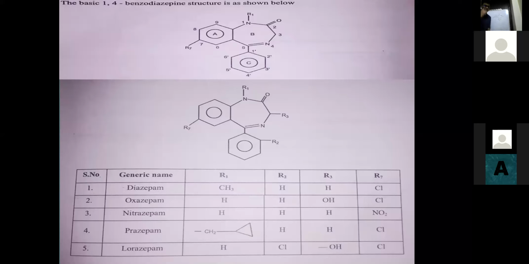So what is the structure of oxazepam? R1 is H, R2 is also H, R3 is OH, and your R7 is mostly a chloro.